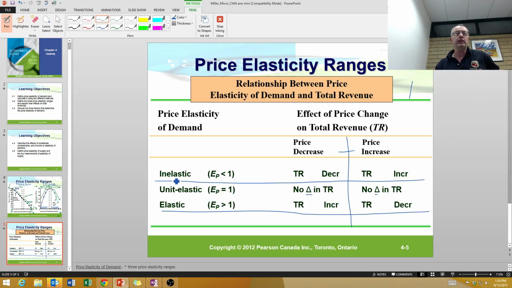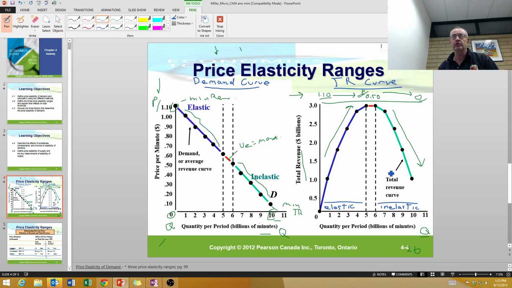So what we know is that in the inelastic section of the demand curve, the bottom section, price and total revenue are directly related.